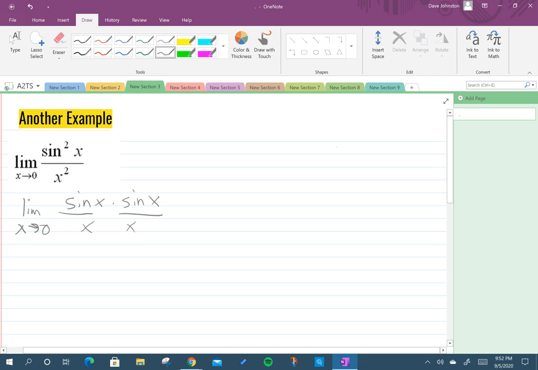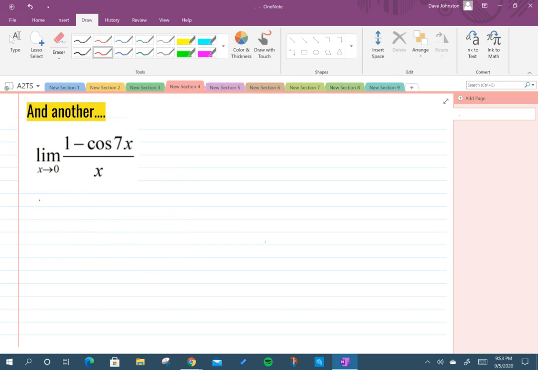And again, using the property from the last session, we know what the limit is of this as x approaches 0, and we know what the limit is of this as x approaches 0. Well, guess what? That's 1, and since I'm multiplying together those two expressions, I can multiply their limits, and I'm now looking at 1 as my answer. Yay me.